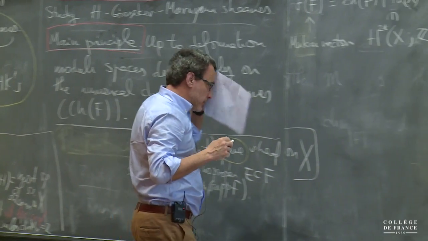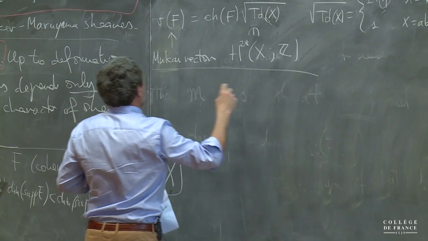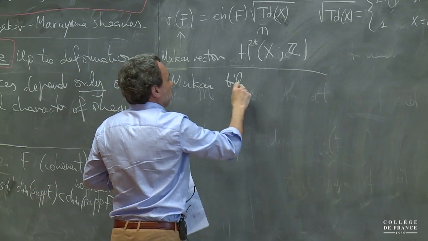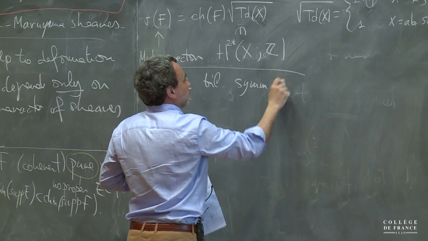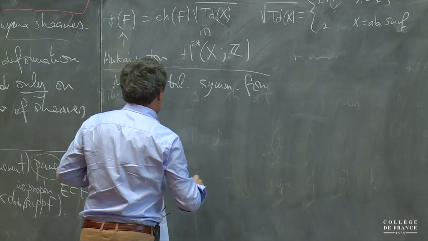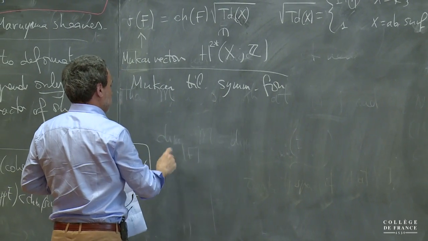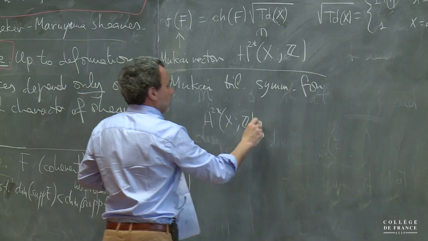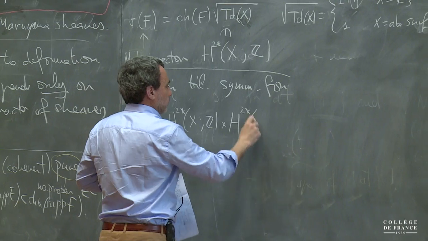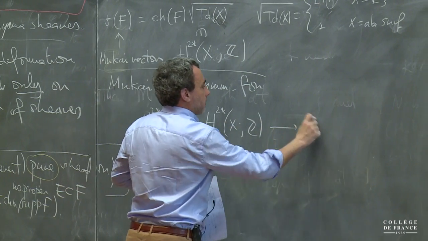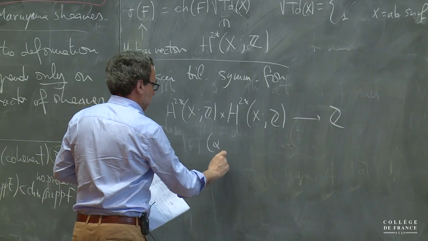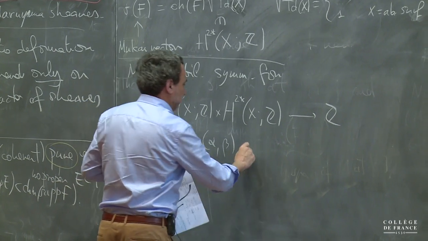Okay, and we also want to define the Mukai bilinear symmetric form on this object here. So what we do is we have two cohomology classes.